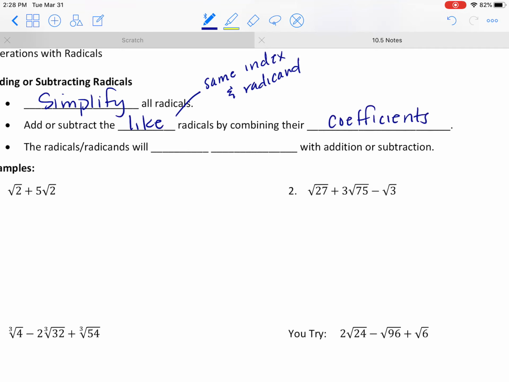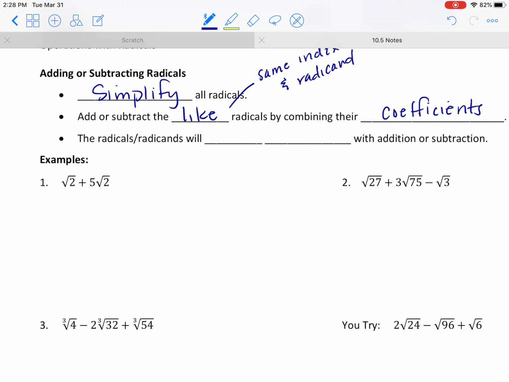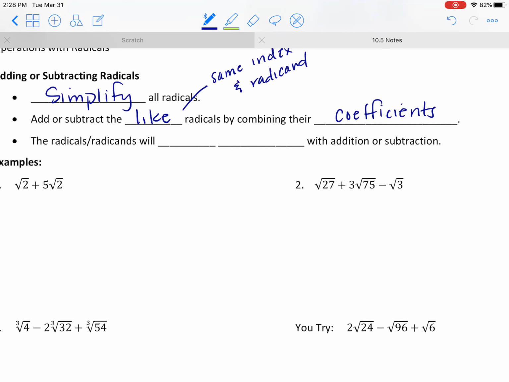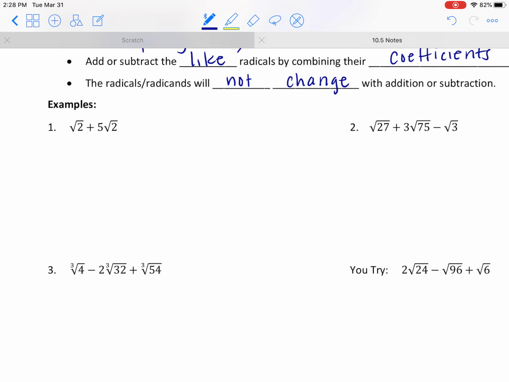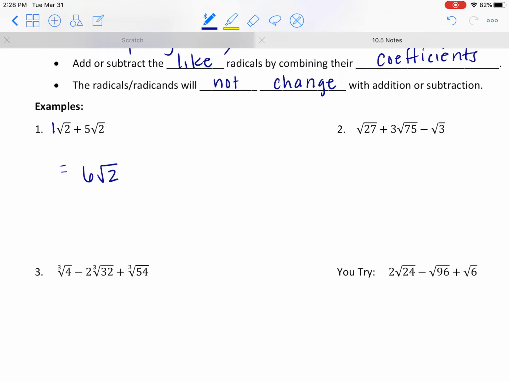We do it by combining their coefficients, the numbers in front of the radical. The actual radical, the index, the radicand, is not going to change. It will not change. Okay, so here, if I have 1 square root of 2 and I want to add 5 more square roots of 2, that would be 6 square roots of 2.